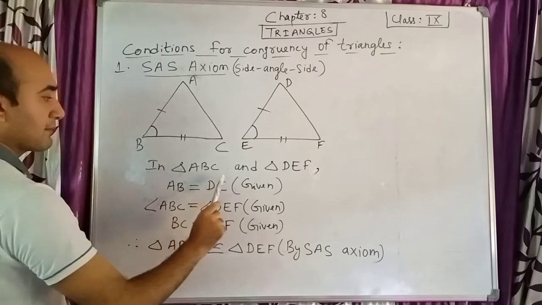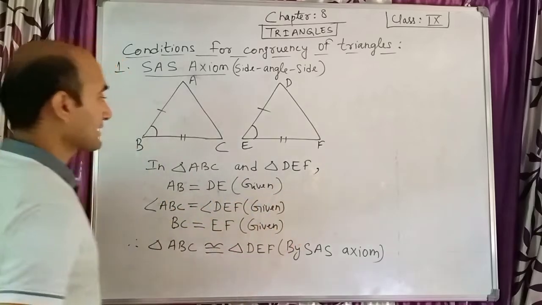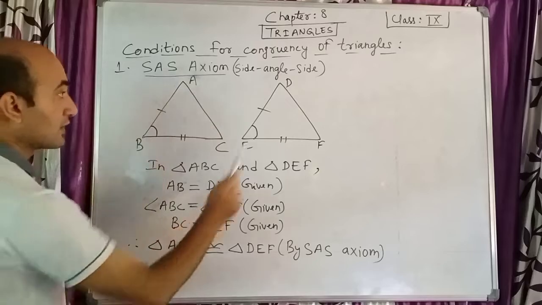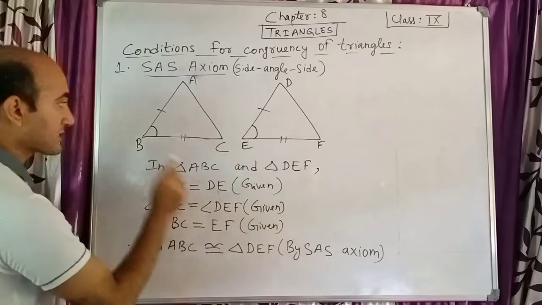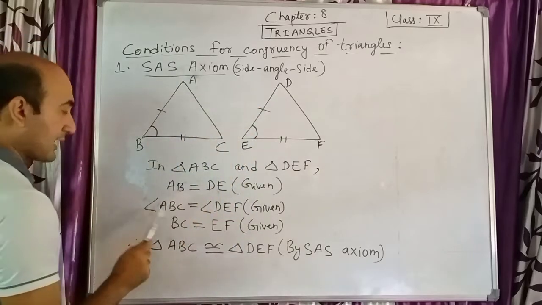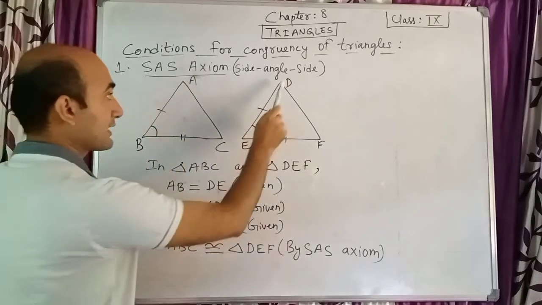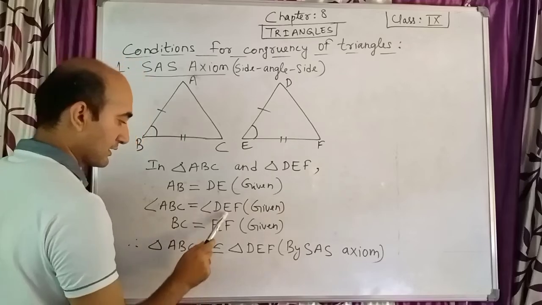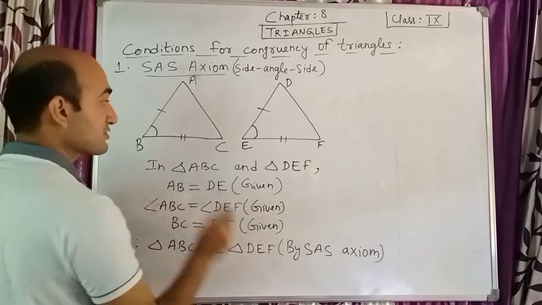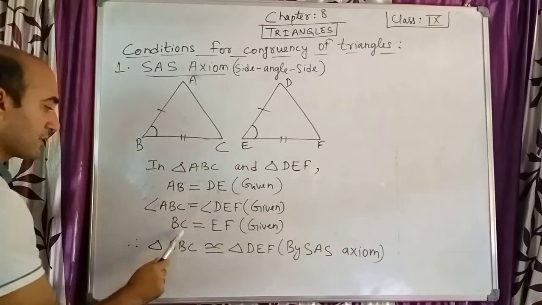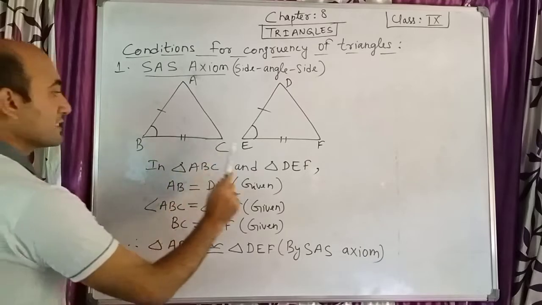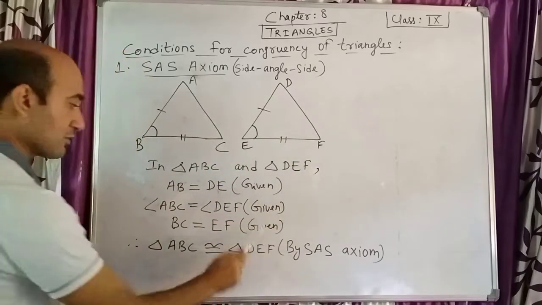So in triangle ABC and triangle DEF, AB is equal to DE, as given in the diagram. Angle ABC, that is angle B, is equal to angle DEF, that is angle E. This is also given, both are equal. BC is equal to EF, it is also given.